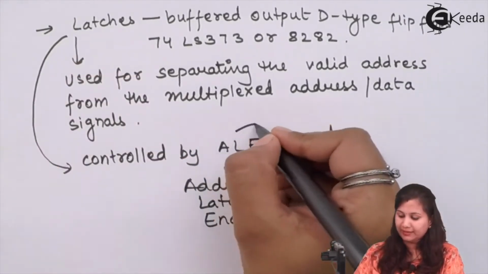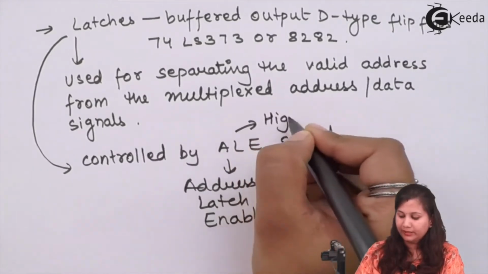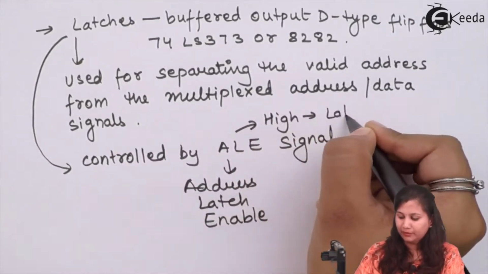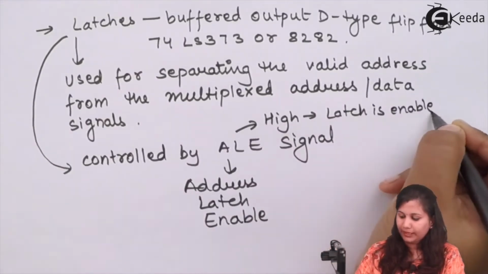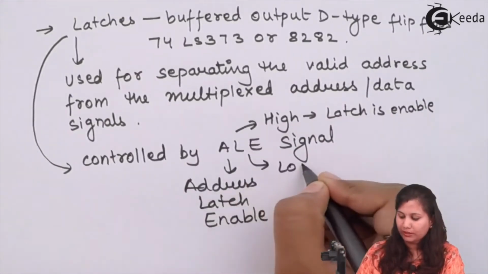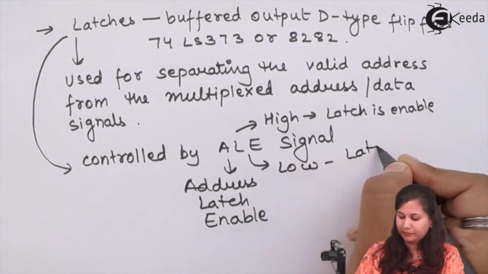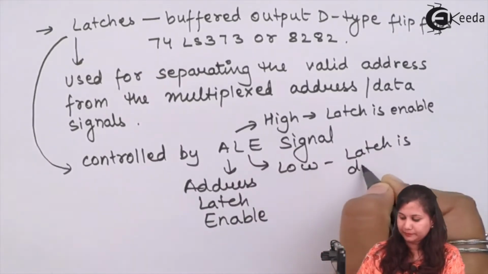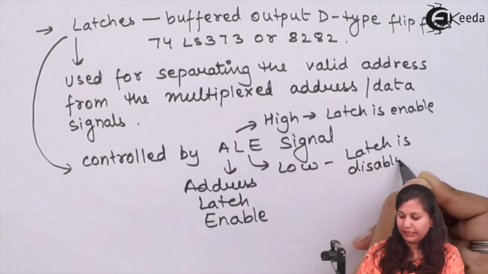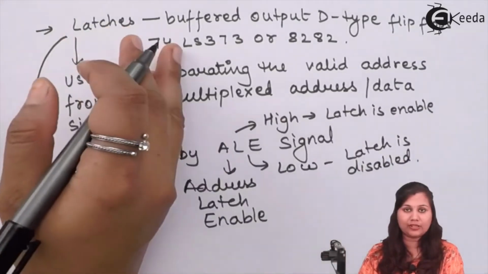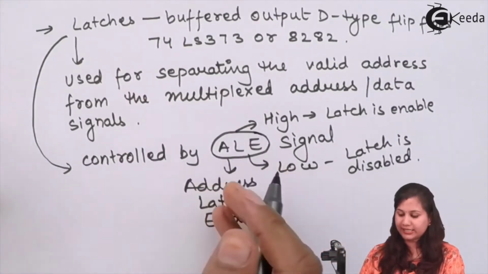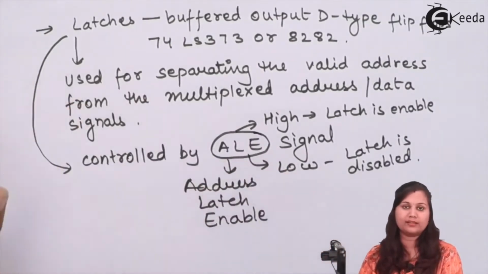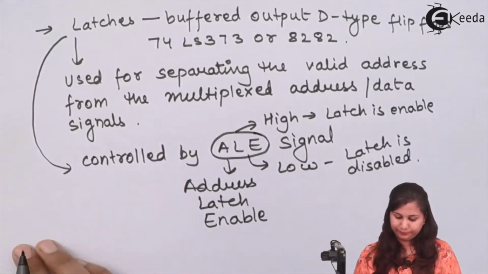So when this signal is high, then only the latch is enabled, and when this signal is low, then the latch is disabled. So to enable or disable the latches, we use the ALE signal. So we can say that this signal controls the latches.